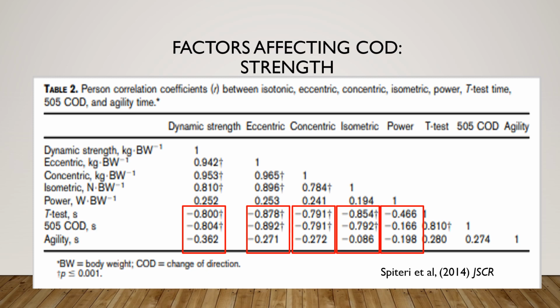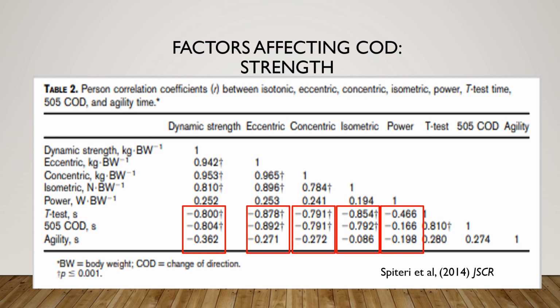So it's important to highlight this when we're thinking about what we actually want to develop in an athlete. Are we just trying to improve their ability to change direction? If so, then obviously strength is going to be a key factor. But if we want to develop true agility, then we need to think of other components as well.